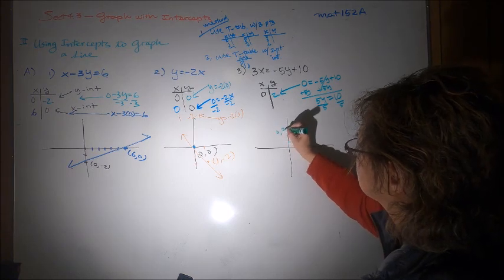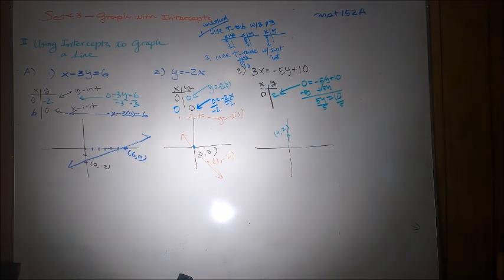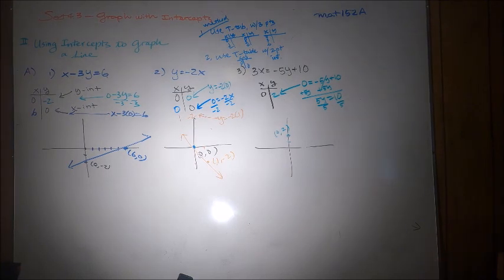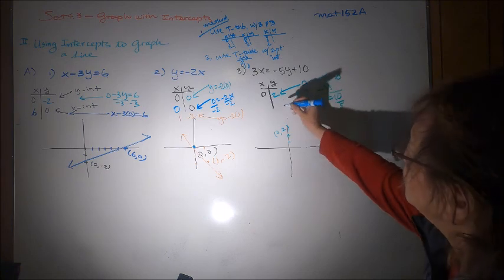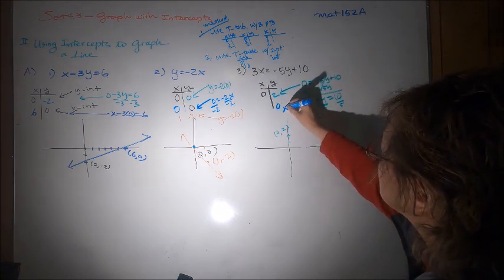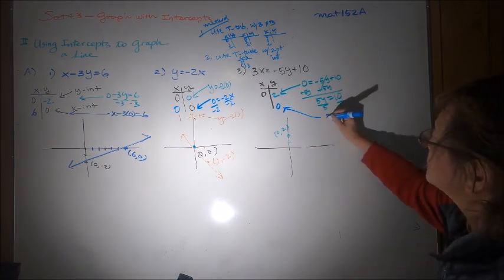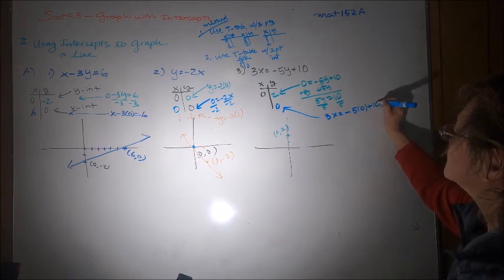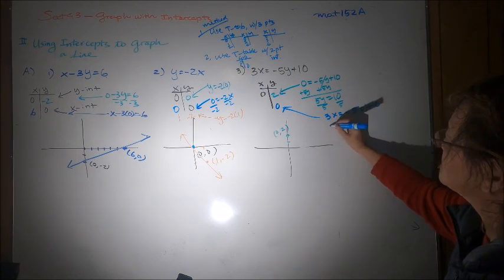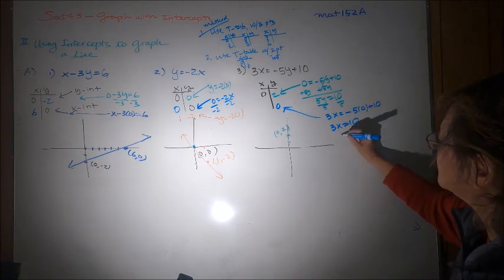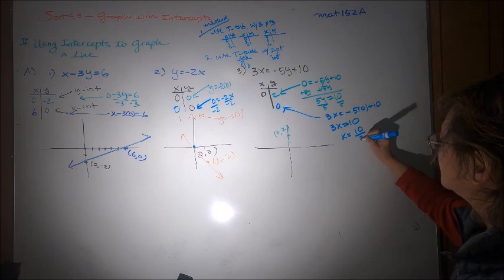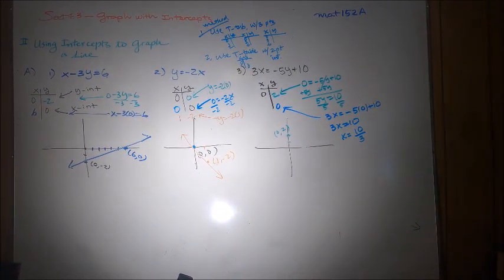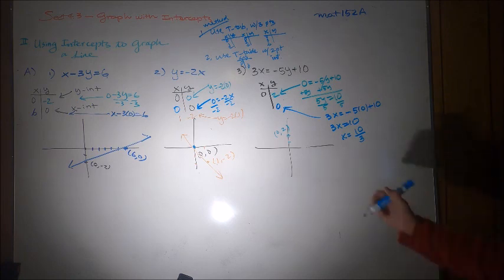Right? So you have 1 point, 0, 2. Right here. Right? Then another one would be when y is 0, what's your x? So your 3x equals negative 5 times 0 plus 10, right? That would be 0, so 3x is 10. X is what? Divided by 3 would be 10/3. So 10/3.